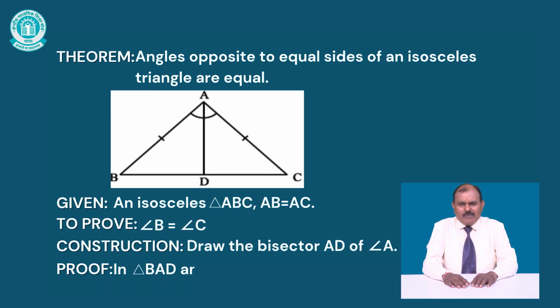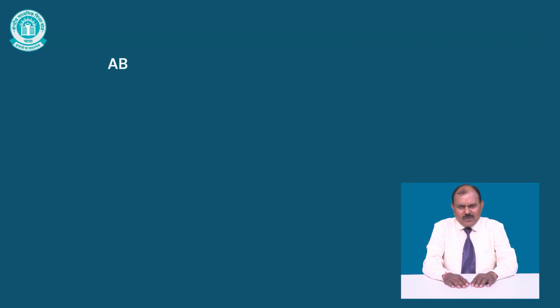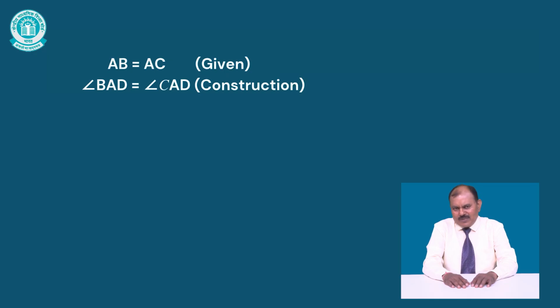In triangle BAD and triangle CAD, AB equals AC is given. Angle BAD equals angle CAD by construction and AD equals AD is common.